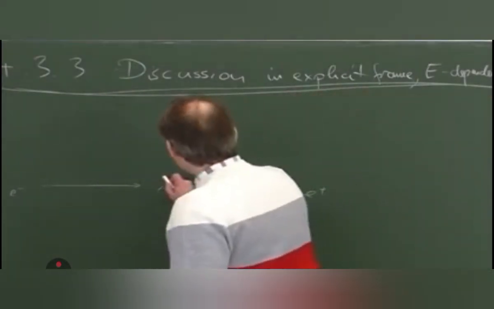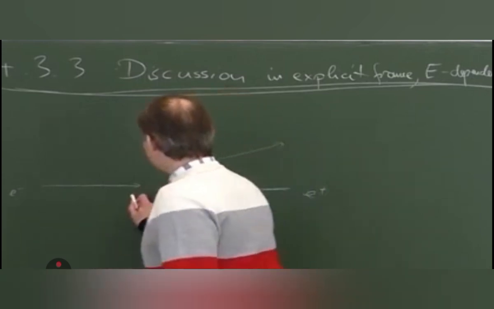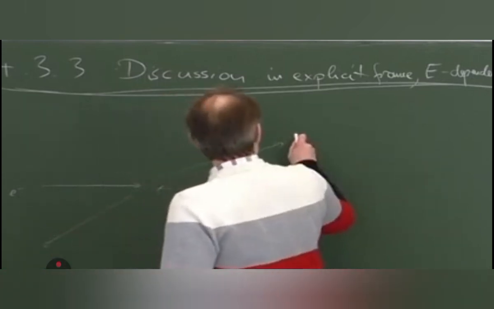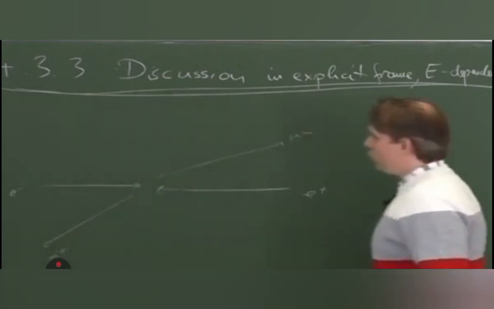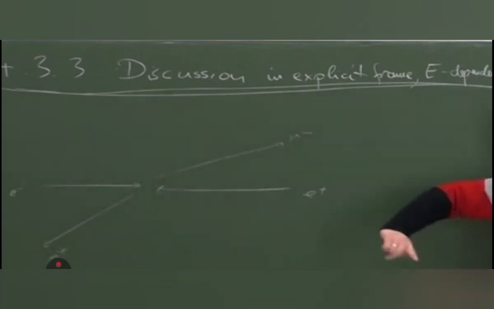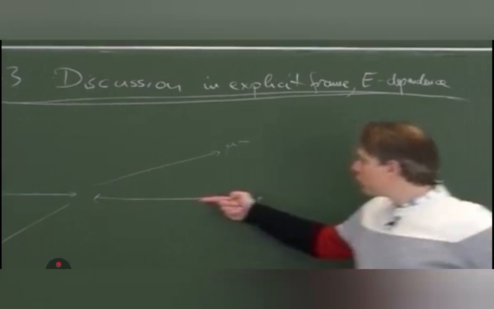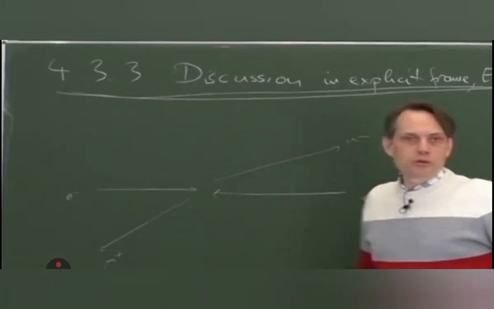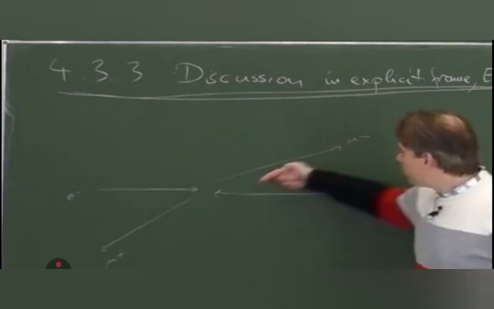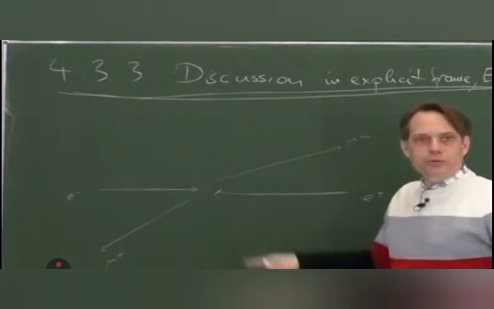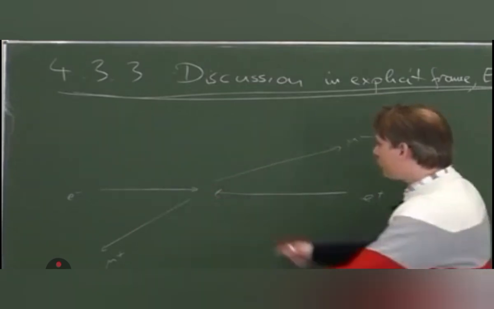And then you have a final state, mu-, mu+. And of course, the collision happens head-on. That means the beams are on a one-dimensional line. The final state particles, because of momentum conservation, the momenta have to add up to 0.